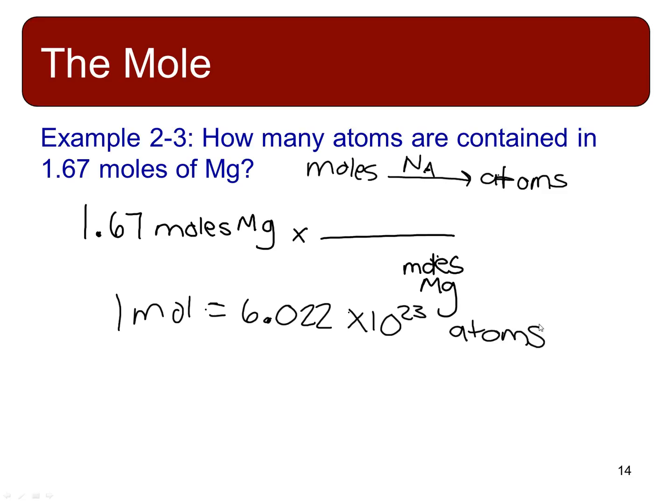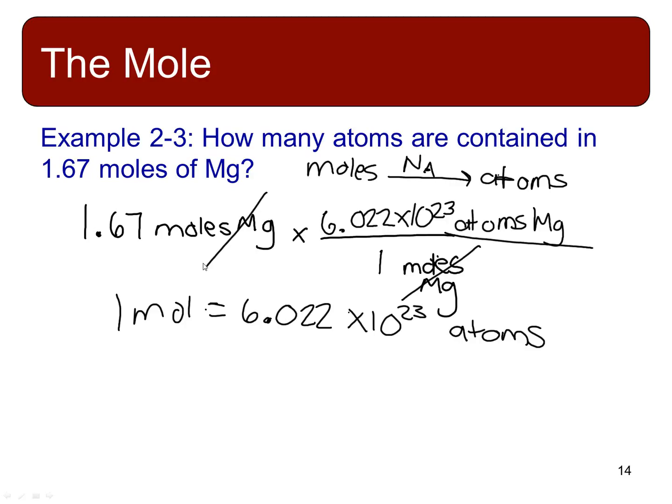All right, so we have to plug this in. Okay, so what do you think we're going to put in the bottom there at the moles? 1, exactly. Okay, and then in our numerator, we're going to put 6.022 times 10 to the 23rd atoms of magnesium.